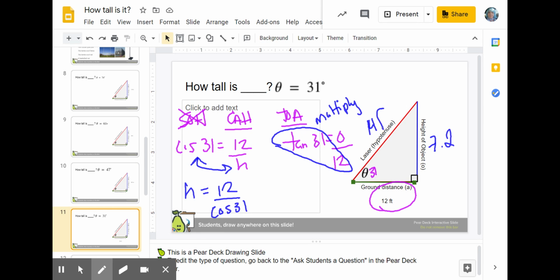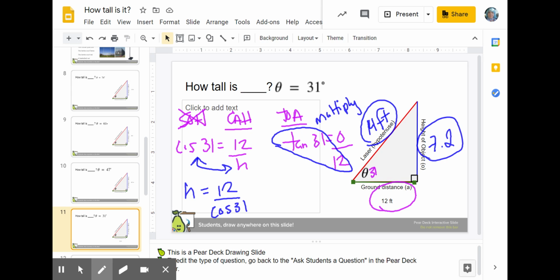Perfect. That picture is not drawn to scale, is it?